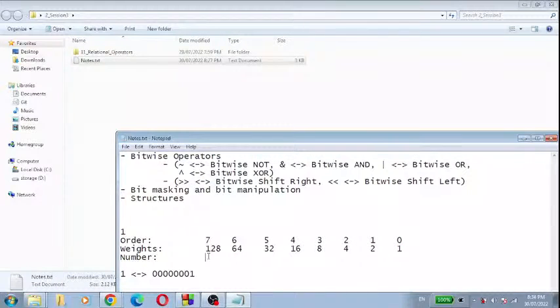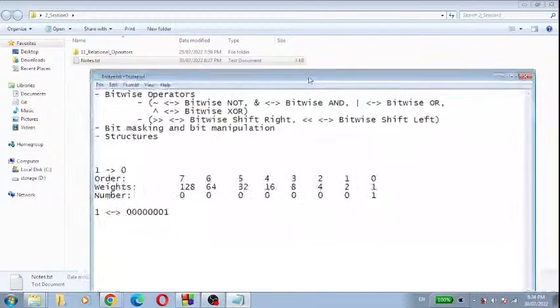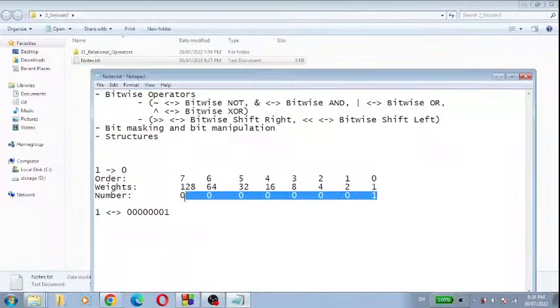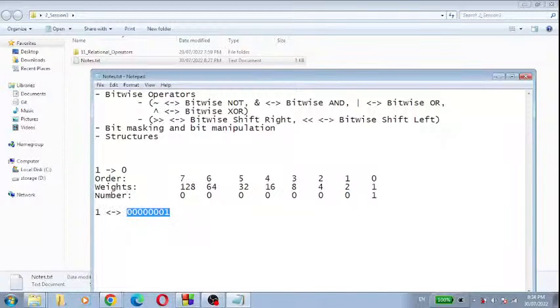So I'm going to put 0, 0, 0, 0, 0, 0, 0, and now I'm going to put here 1, and of course 1 minus 1 is 0, so we have finished. This is the representation of decimal 1 in binary form. So remember this shape of 1.